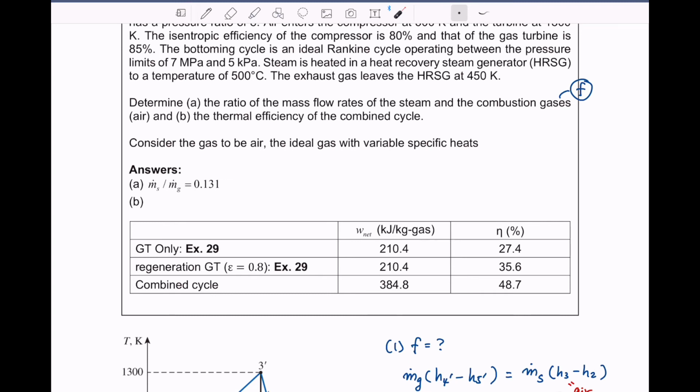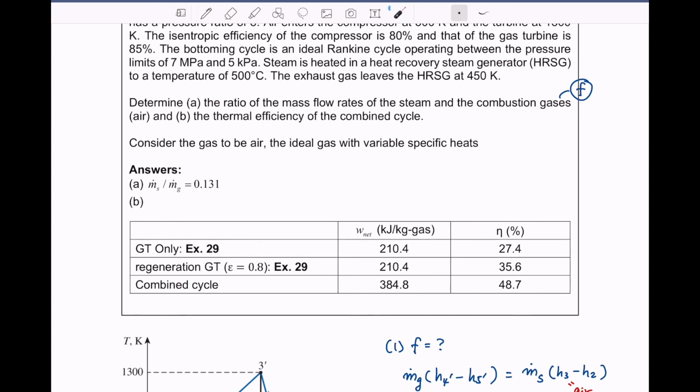Not only can we increase the net work, but also we can increase the efficiency, okay, because we can use the energy of the exhaust gas to generate the steam, and its efficiency increases from 27.4% of single gas turbine power generation to 48.7% in the combined cycle. That is even much higher than when you use a regeneration.